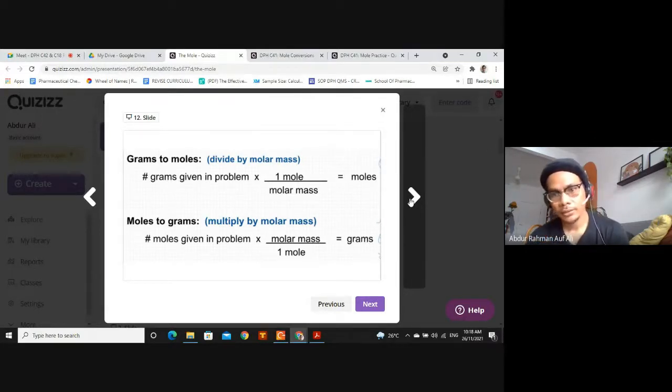Okay. So try to write down this formula because later after we take 5, kita akan buat one quiz, one experiment. Kita akan tengok some problems. Kita akan go over them one by one.